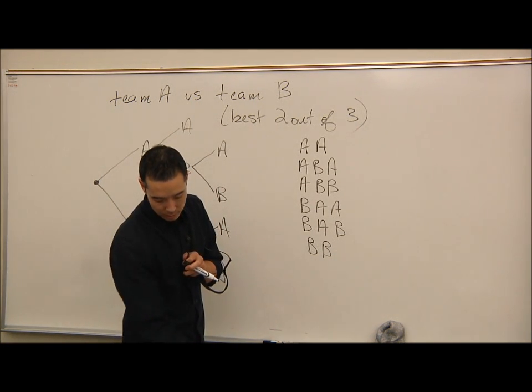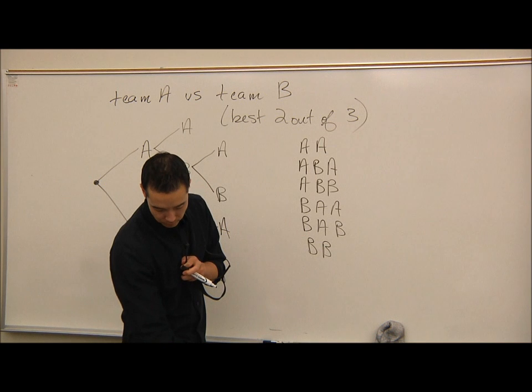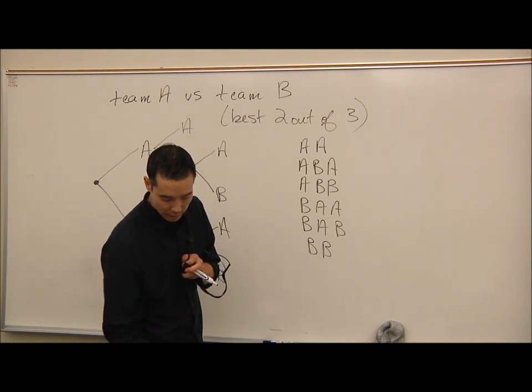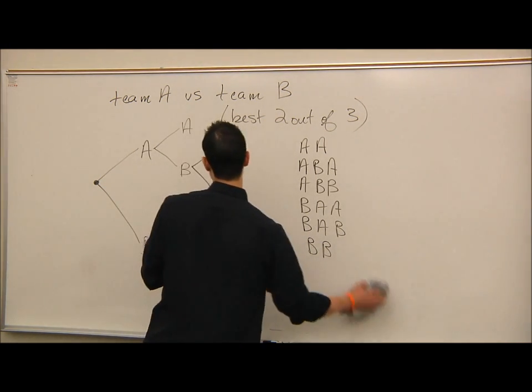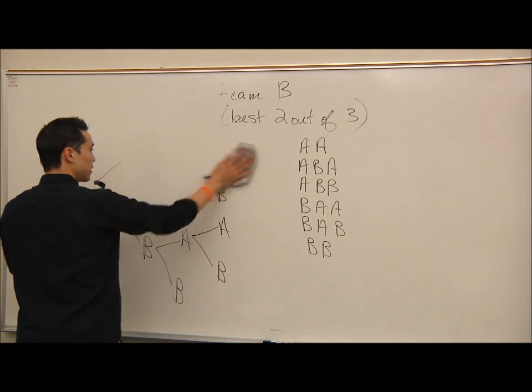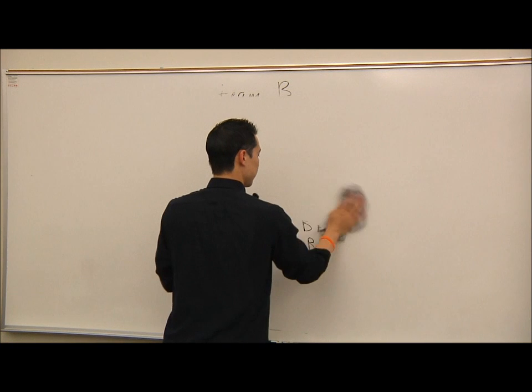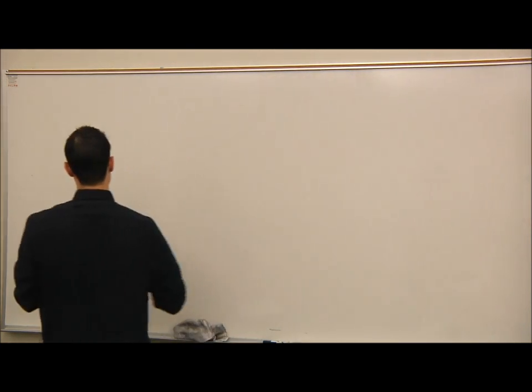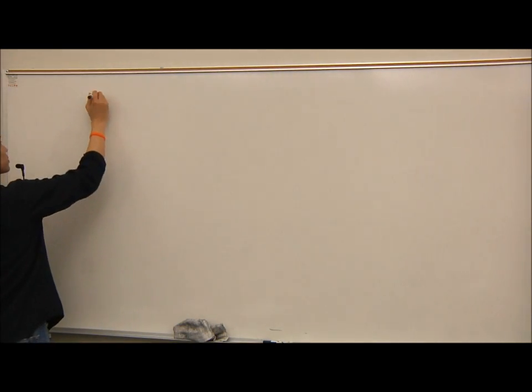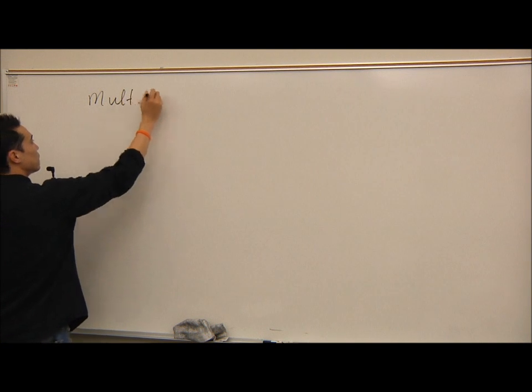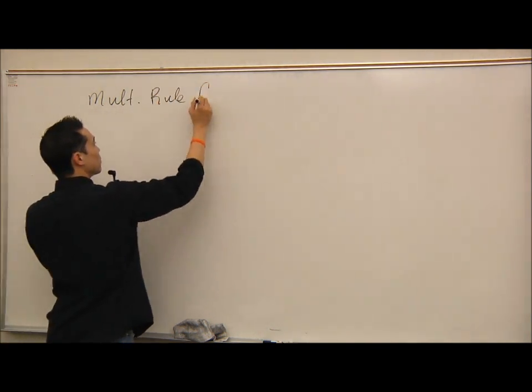We're starting what's called counting techniques. So I want to do the first little section on counting techniques. And the first rule we have for counting techniques is called the multiplication rule for counting.